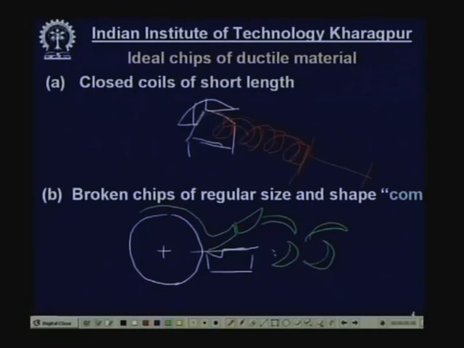These are the various shapes. If the chips are made to come broken into half turn or quarter turn, in the comma shape, then this is very ideal. It is neither dangerous, it automatically falls under gravity into the collector, and it will not damage the tool nor the job. So, these are the two forms of ideal chips that have to be attained.